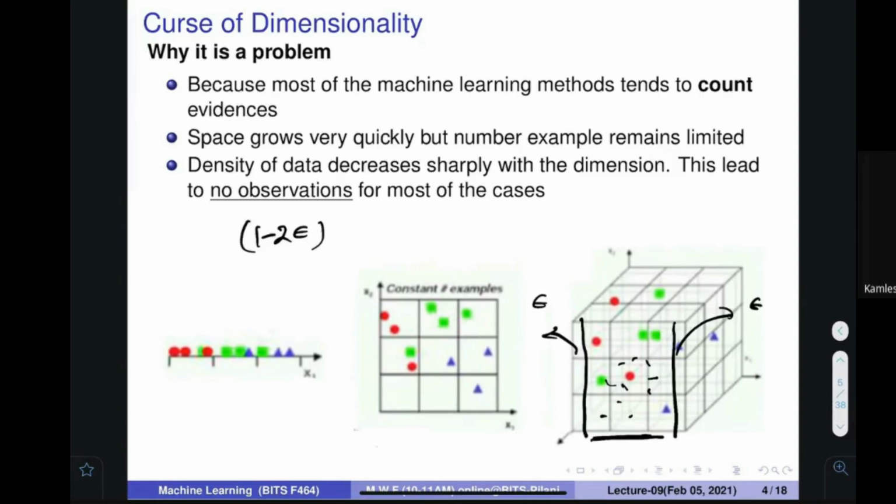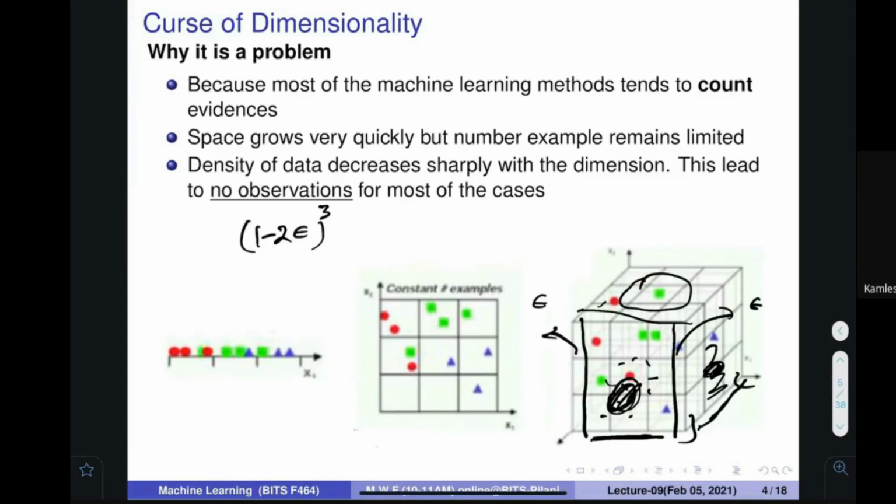Also, because I have two dimensions, what is the probability that the data would be inside in this dimension and also inside in this particular dimension? It is to the power 2. What is the probability that it would also be inside in the third dimension? Because the third dimension is also there, the item would be here.